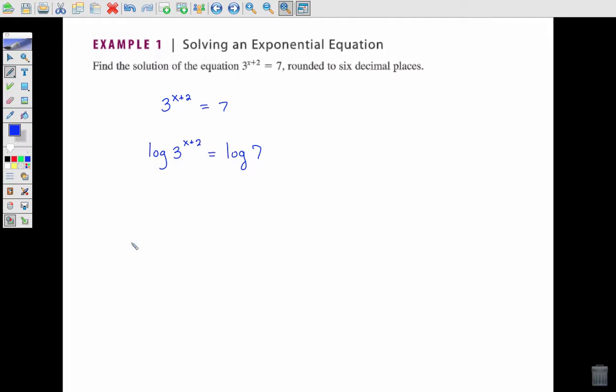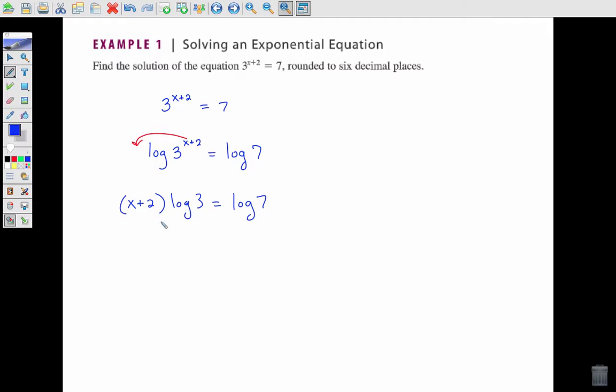Now I'm going to use my expanding rules. I know that if I have an exponent, that exponent can become the coefficient. So x plus 2 times the log of 3 is equal to the log of 7. Then I want to solve for x.